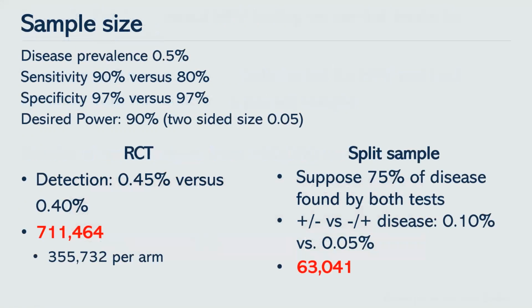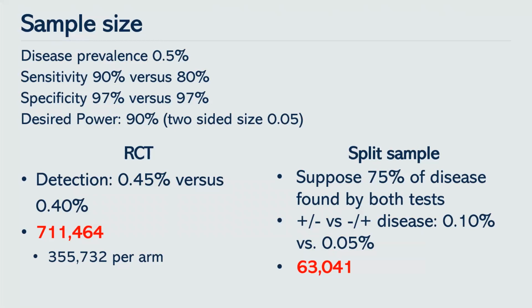And using this split sample approach where you give both tests to everyone can have a dramatic result on the size of the study that you need to do. And so this is an example, high-grade CIN. We assume about 1 in 200 of the population have the disease you're interested in, and both tests will assume have the same specificity, 97%.